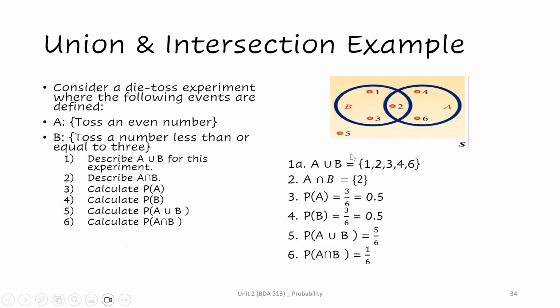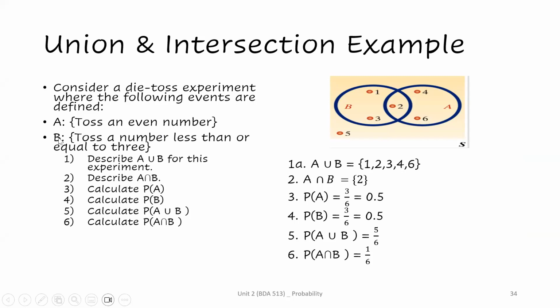So let's consider a die tossing experiment where the following events are defined. We define A: toss an even number. A die has faces 1 to 6, isn't it? 1, 2, 3, 4, 5, 6. So we want a particular set that contains only even numbers.